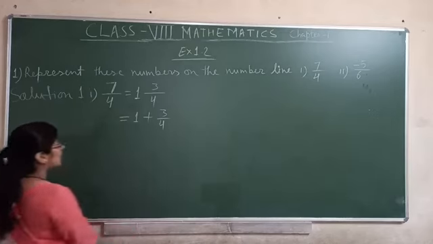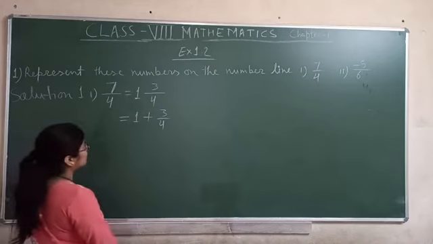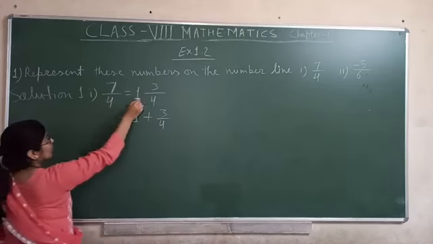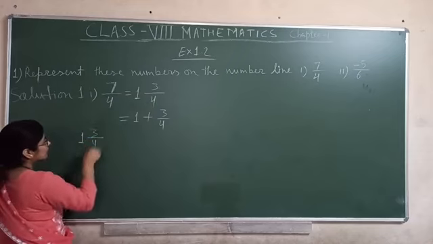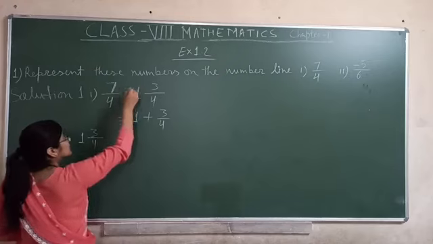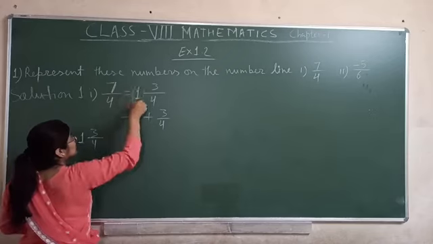Now we have to check where 7 by 4 or 1 whole 3 by 4 lies. Whole part यहाँ पे 1 है. So this number will be greater than 1. This is your whole part. Whole number है.